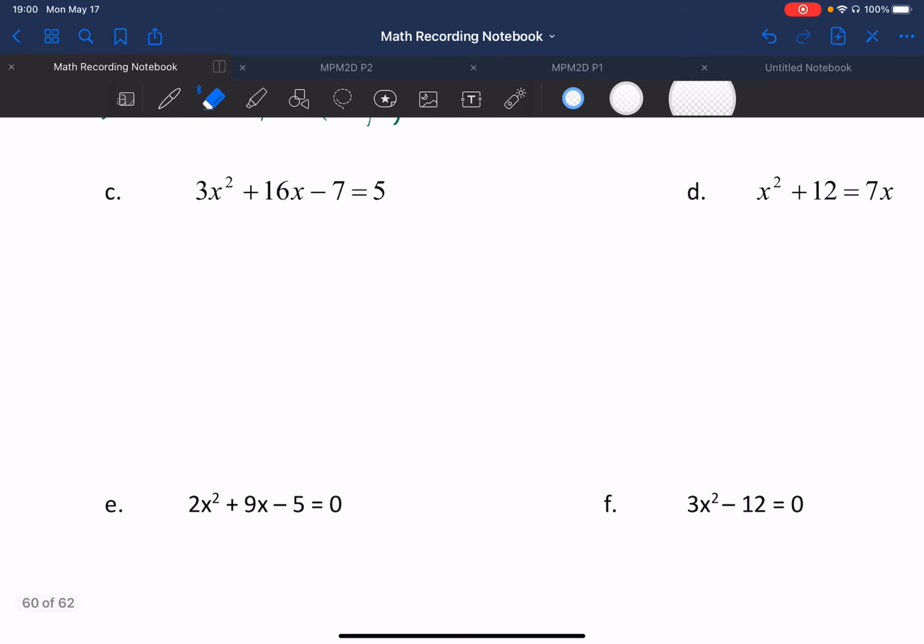In this case, what we have is 5 on this side, and we want to make sure that this side equals 0. So what we need to do first is move that 5 over to the other side of the equation. So when we write this out, we get 3x squared plus 16x. We move the 5 over to the other side, it's negative 7 plus negative 5 gives us negative 12.